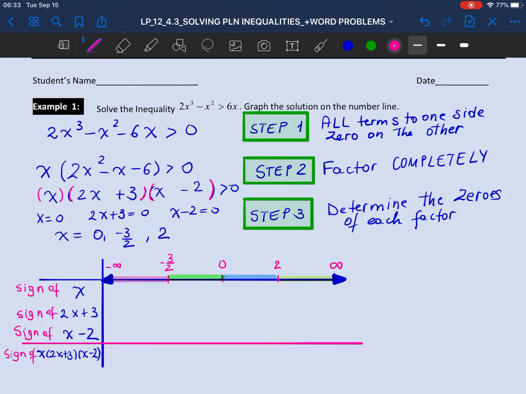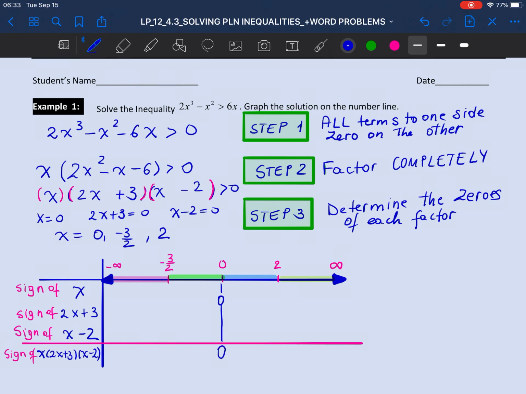So let's get started with the first factor. So for the first factor, we're going to say x will be 0 at x equals 0. And for x equals 0, this factor will be 0, which makes the whole product equal to 0. So we'll say the whole product will also equal 0.